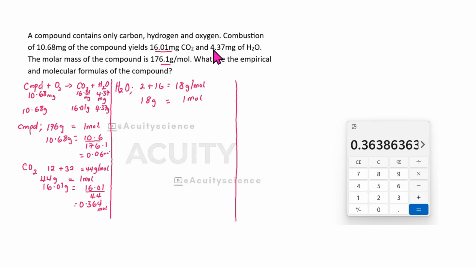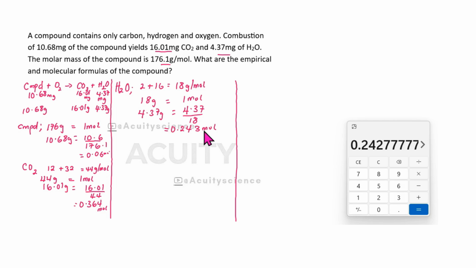So the 4.37 gram will now be 4.37 times 1 divided by 18, which is 0.243 moles.